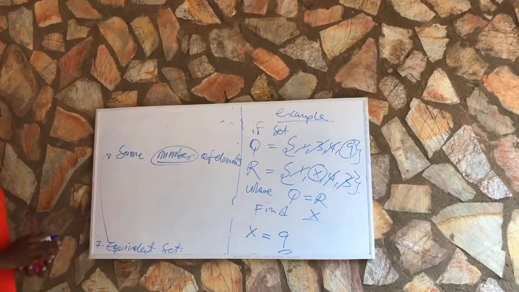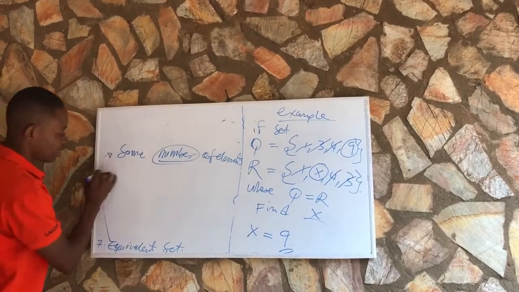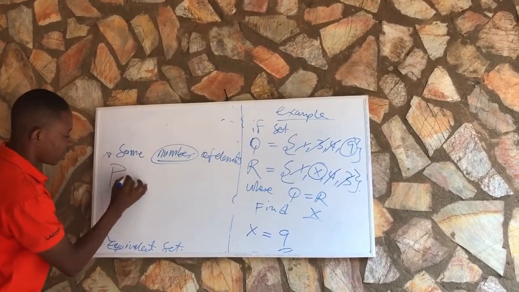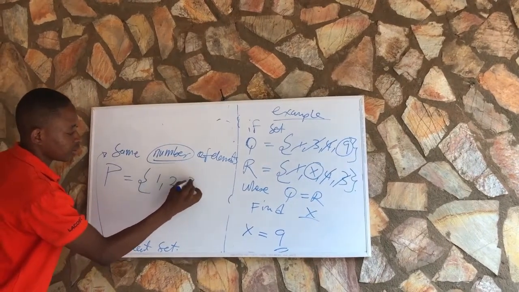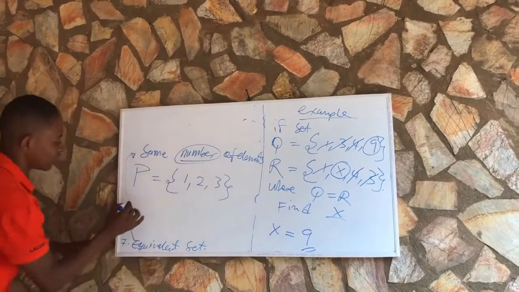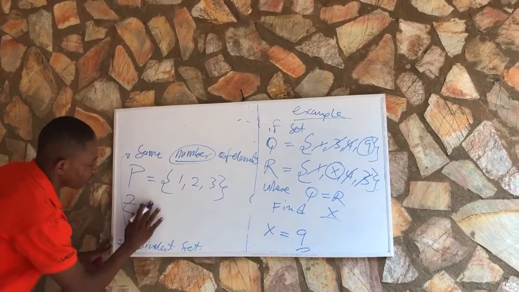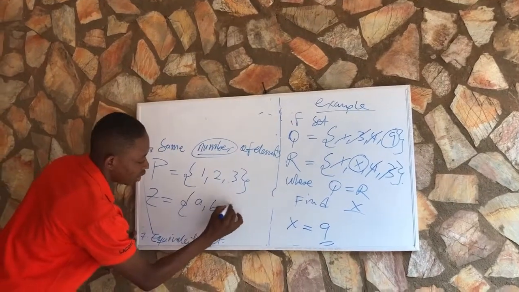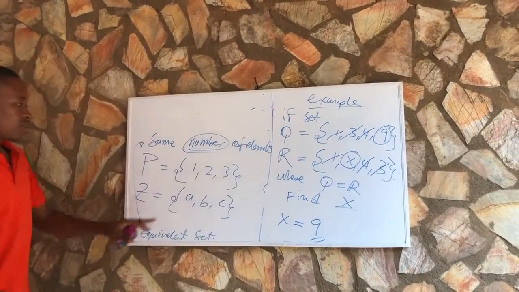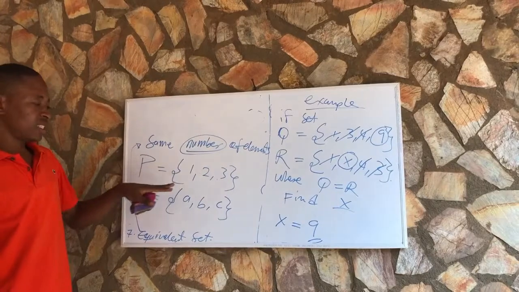So for example, we have set P equals 1, 2, 3. We have set Z equals A, B, and C. Let's look at the number of elements in set P.